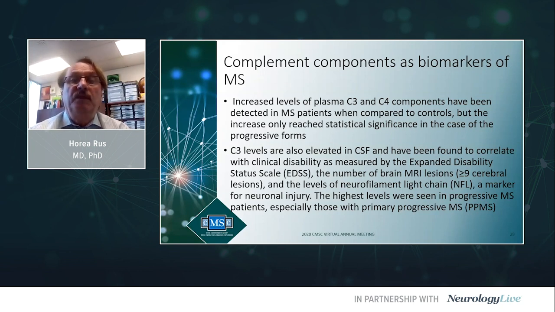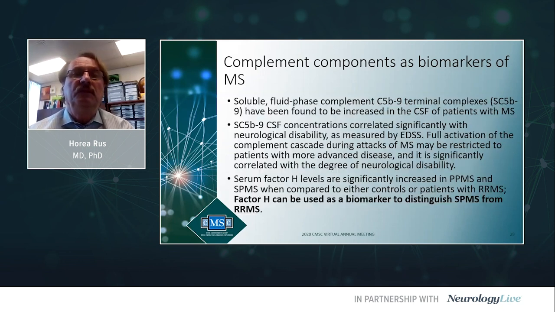The highest levels in MS patients were seen in progressive patients, especially those with primary progressive MS. SC5b-9, the soluble fluid phase complement C5b-9 terminal complex, was also found to be increased in the CSF of MS patients.